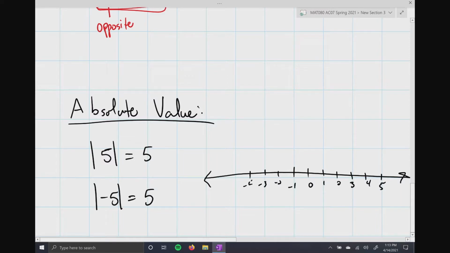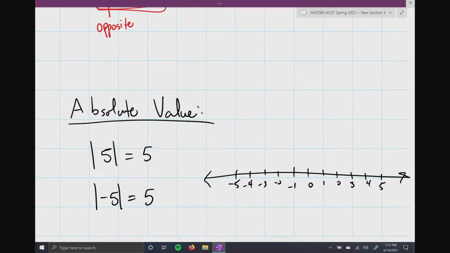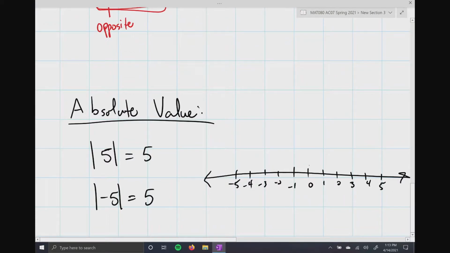Eventually you start to solve absolute value equations, and you have to understand why there are actually 2 answers to them. So here's why the absolute value solutions are always positive. If I look at the absolute value of 5, what I am really asking is, if you started at 0 and moved to the right all the way up to the number 5, you walked a total distance of 5 units.